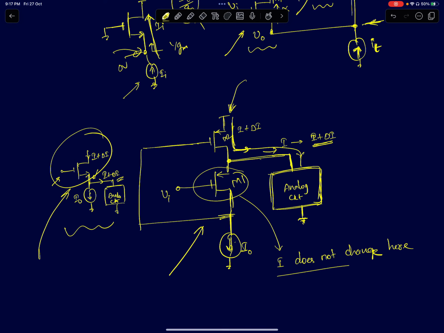That is fixed by I0. That is always fixed. But the current through M2 can change depending on where and how you connect it. So that's another benefit of the flipped voltage follower circuit. You can ensure that the VGS here remains constant, which is very helpful when you try to use this circuit for biasing LDOs.